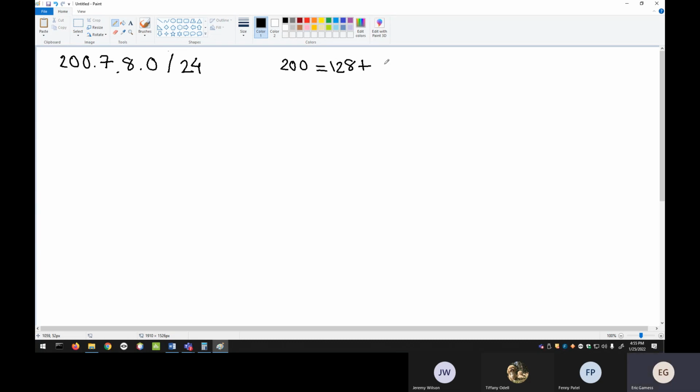And 72 is 64 plus 8. So 200 will be 1 for the 128, 1 for the 64, 0 for the 32, 1 for the 16, 0 for the 8, 0 for the 4, 1 for the 2, and 0 for the 1. This is 200 in binary, isn't it?